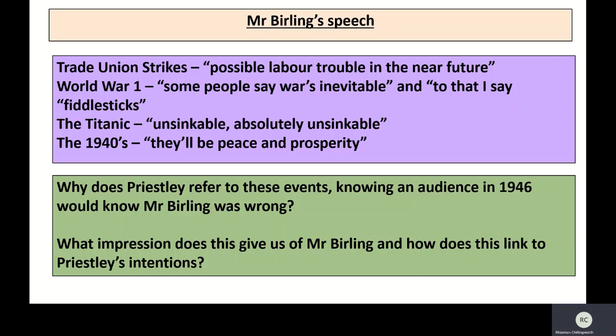So Priestley really cleverly manipulates his audience through using all of this dramatic irony of Mr Birling having the wrong opinion of all of these historical events, and the audience would know, as Mr Birling is speaking, everything he is saying is the complete opposite to what actually happened. So if Mr Birling is wrong about all of these things, then his capitalist ideology, his capitalist views must be wrong too. So that is what Priestley is doing here, and I would argue that he does it very successfully, because Mr Birling does come across as a complete plonker.